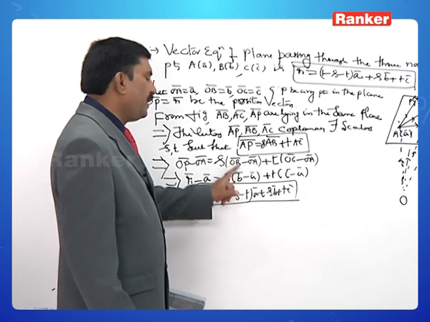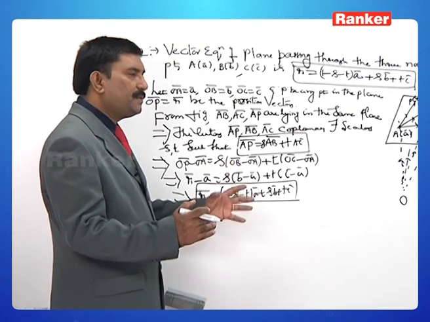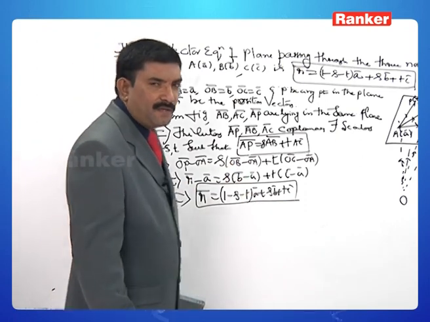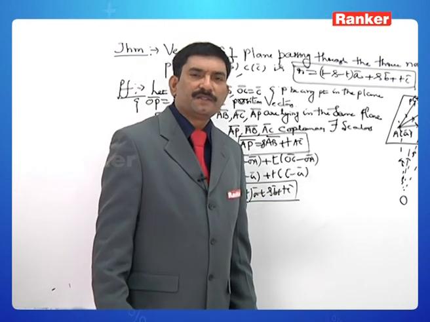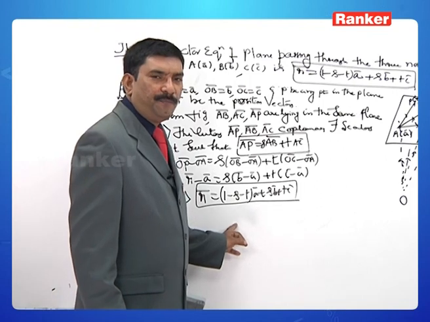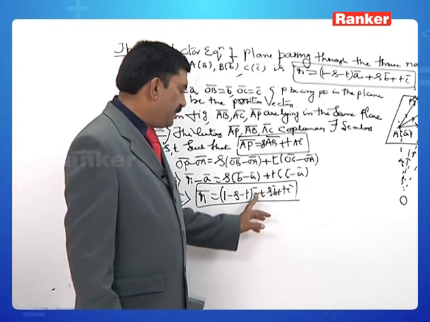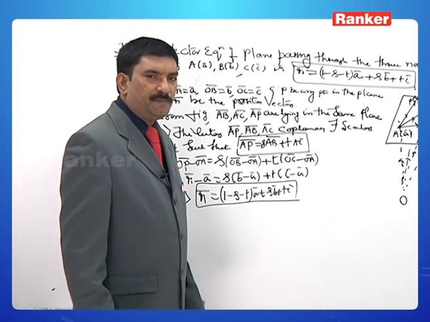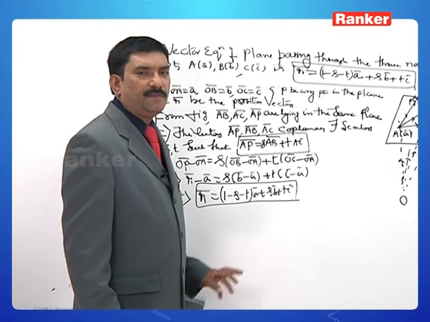Now, you simplify this and substitute the corresponding position vectors. Therefore, you are going to get R bar is equal to 1 minus S minus T into A bar plus SB bar plus TC bar.